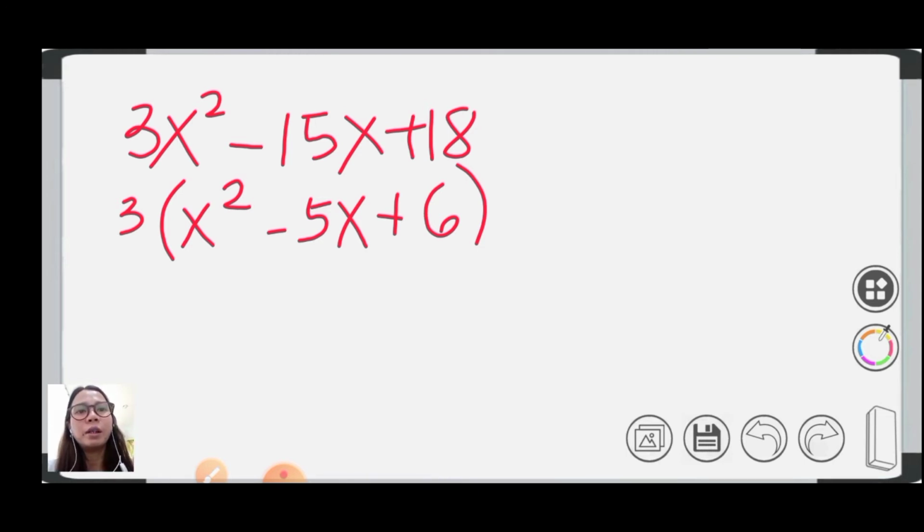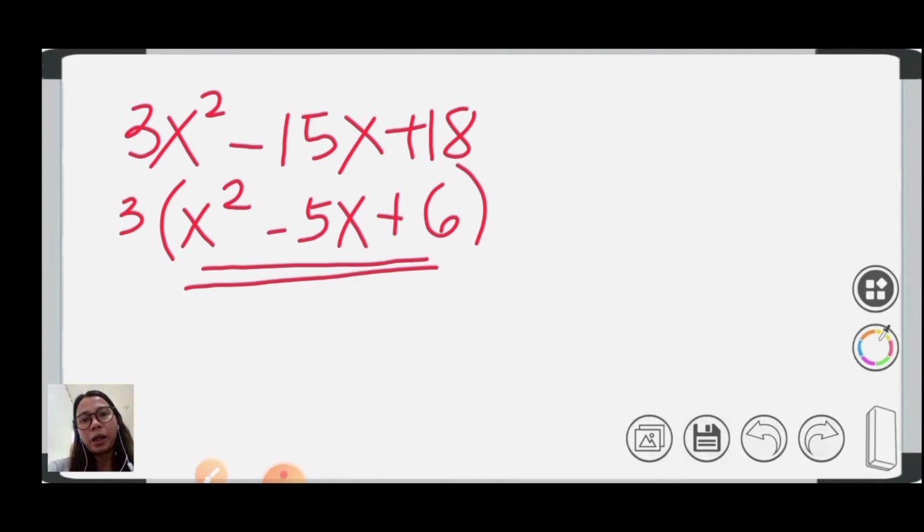Let us get the factors of 6 wherein the sum is negative 5. Since the last term is positive and we have a negative middle term, we are going to use both negatives, because if we multiply two negative numbers, it is positive.